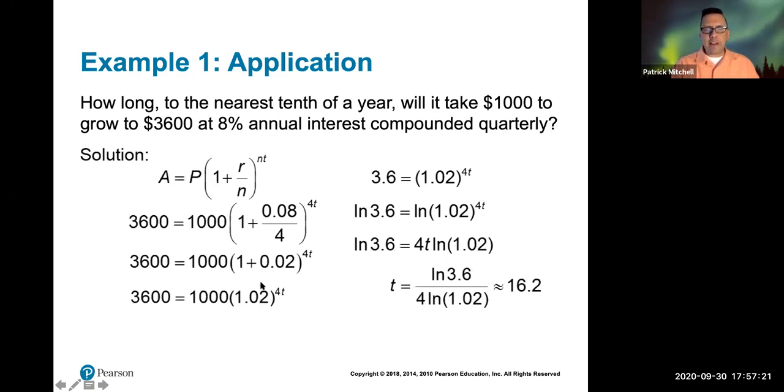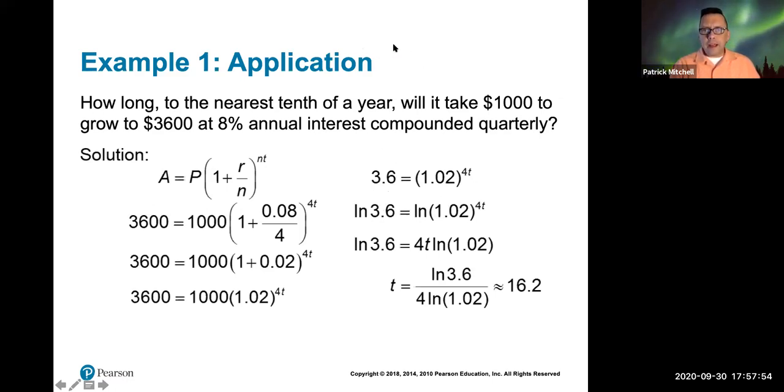So this is an exponential equation. So what I need to do now is isolate the exponential expression, which means divide both sides by 1,000. 3,600 divided by 1,000 is 3.6. So we have 3.6 equals 1.02 to the power 4t. So this is the type of equation where you have to take a logarithm on both sides, and I would use natural log.